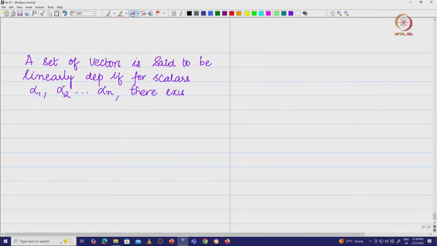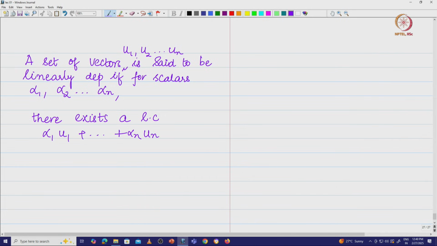A set of vectors u1, u2, etc., un is said to be linearly dependent if for scalars alpha 1, alpha 2, ..., alpha n there exists a linear combination alpha 1 u1 plus etc. plus alpha n un equal to the 0 vector, such that not all alpha i's are 0.